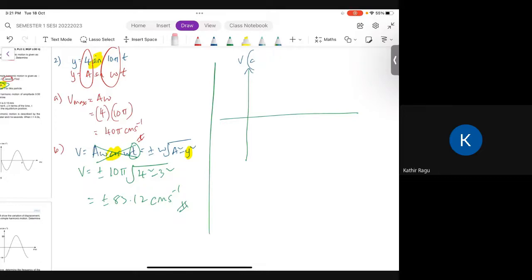Dia buat dia punya axis. And then time, second. Okay. This one adalah graph sin pergi cos. So you punya ni adalah A omega cos omega t. So your graph adalah positive. So cos dia start dengan maximum amplitude. So graph dia akan jadi macam ni.